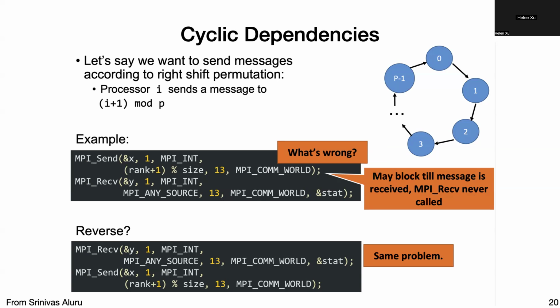One way to do that is you send to the next one and then you receive from the source, but everybody's trying to send first and the send may not finish.